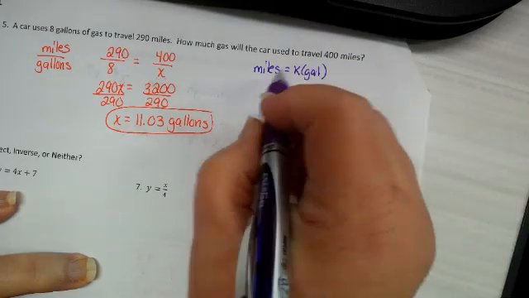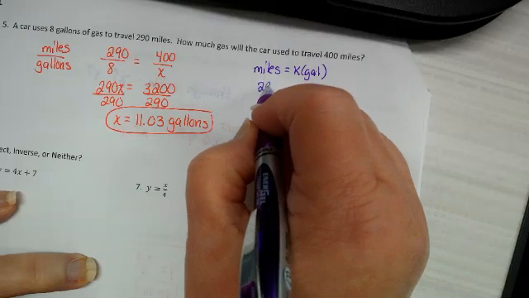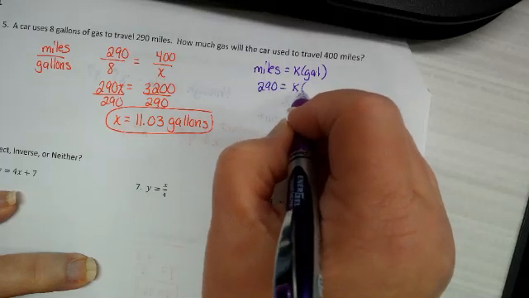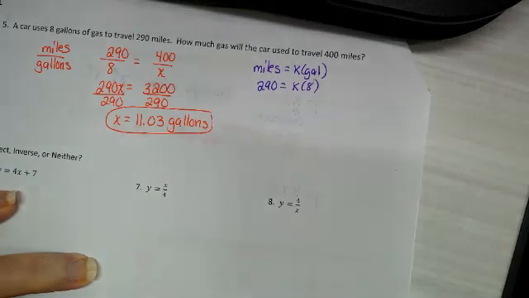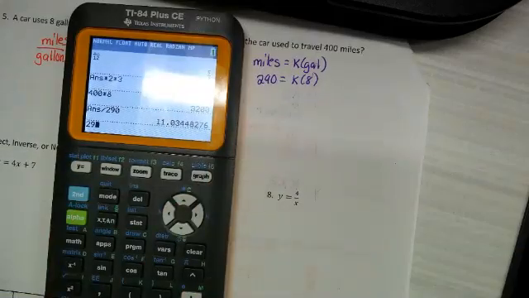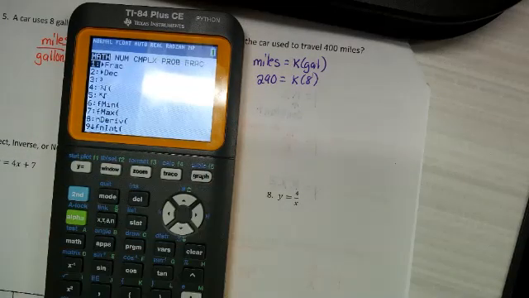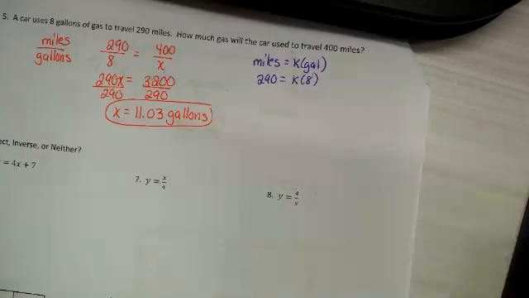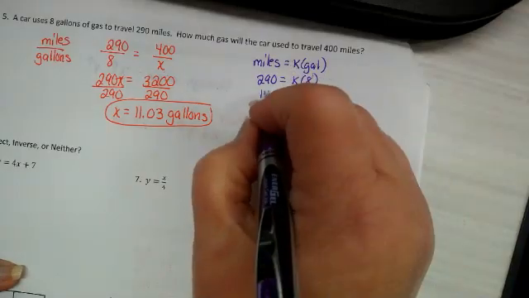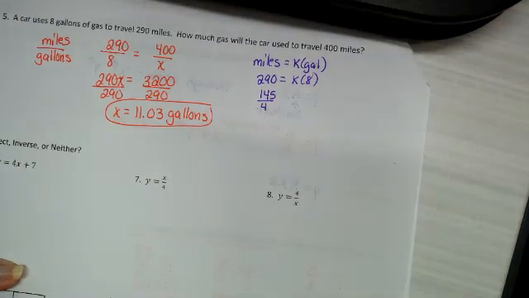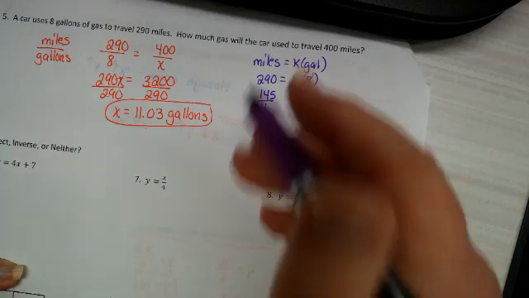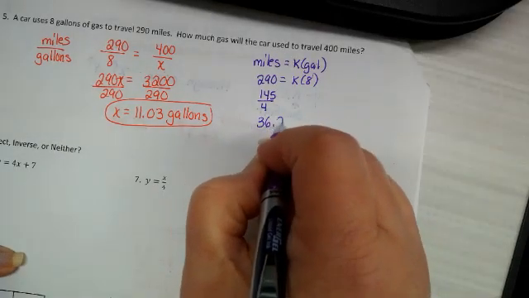So I could have said, all right, if I go 290 miles for every 8 gallons, whatever 290 divided by 8 is, it's 145 over 4. I don't know, is that a nice number? It's 36.25, that's k.